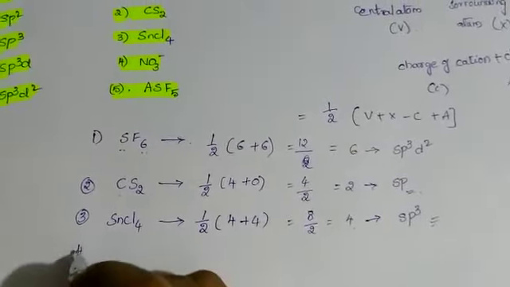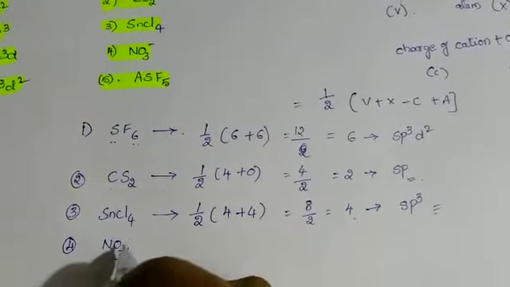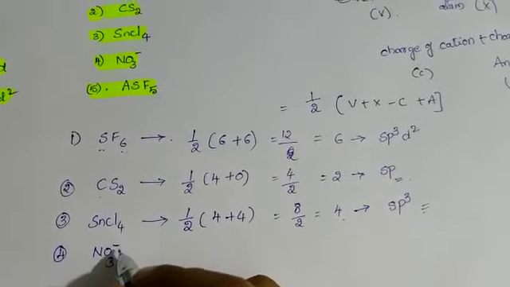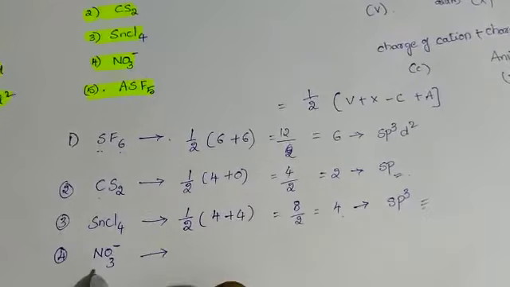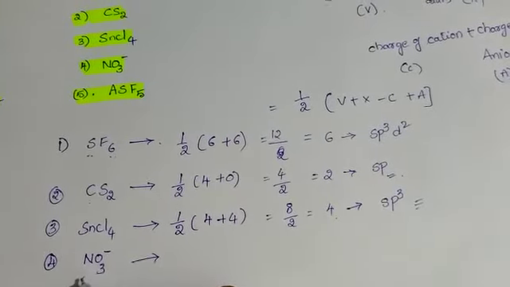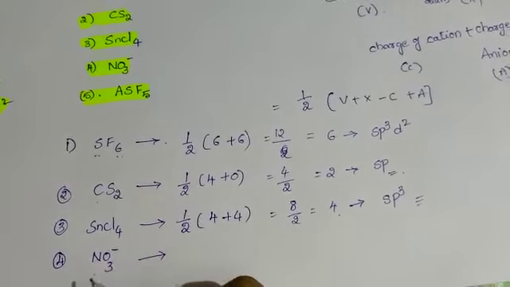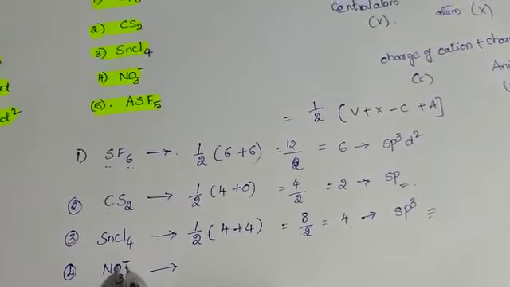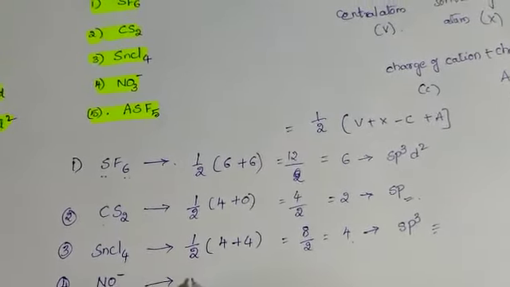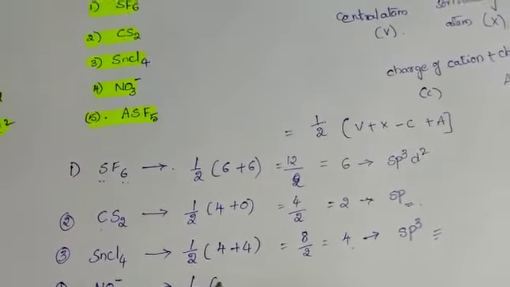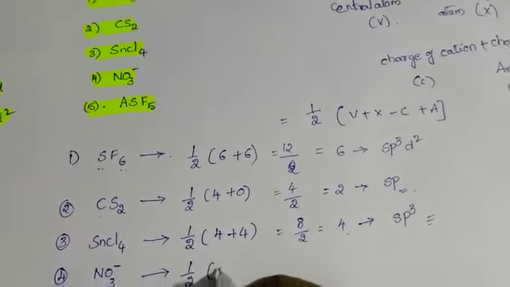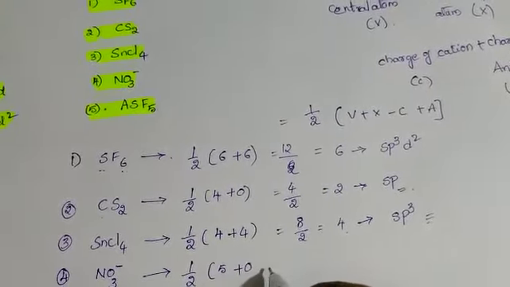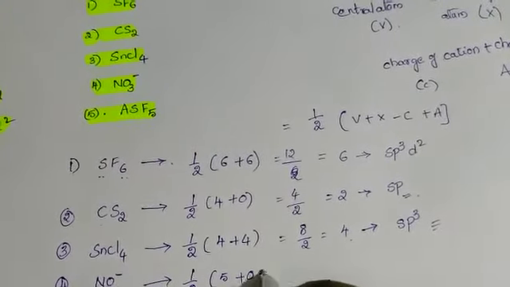Now the next one is the NO3 minus ion. It has a negative charge and nitrogen is the central atom. The number of valence electrons in nitrogen is 5, and oxygen is a divalent atom, so its value is 0, and one anion charge is present, so plus 1.